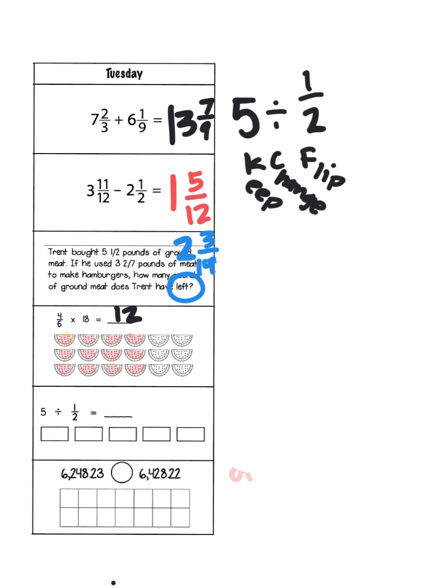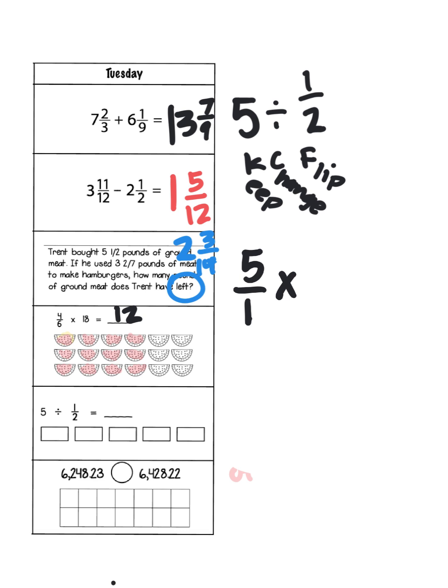How would we change that 5 into a fraction? By adding the 1 as the denominator. So we want to keep that. That's what that K represents when we are dividing fractions using the KCF method. The C represents change. We want to change the division symbol to a multiplication symbol.